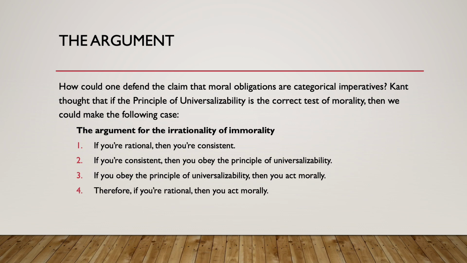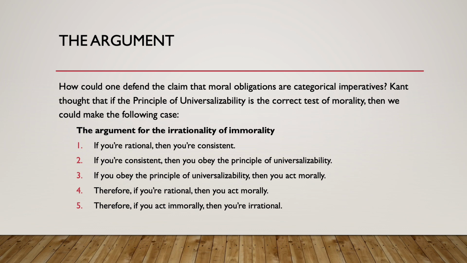Thus, if you are rational, you act morally. Therefore, if you act immorally, then you're irrational, because yet again, you're breaking the principle of universalizability, and you are thereby acting inconsistently. All right, so there's a lot of things you could say about the first two premises, but it seems as if premise 3 is a pretty big one, since it says that the principle of universalizability is actually a good test of morality.